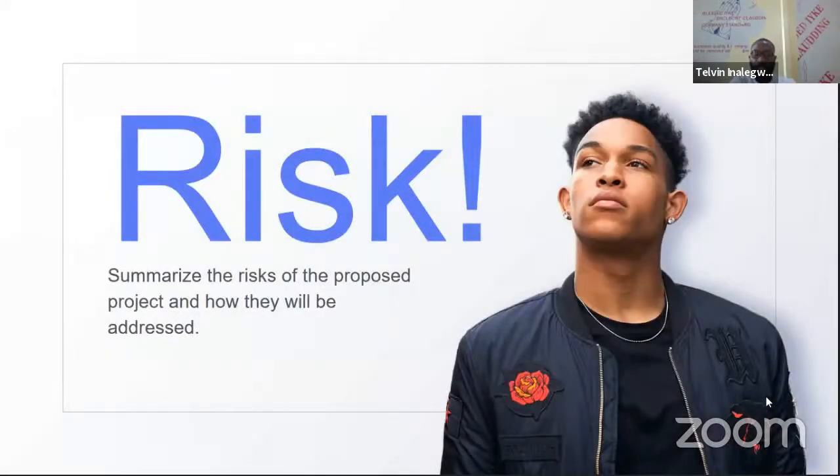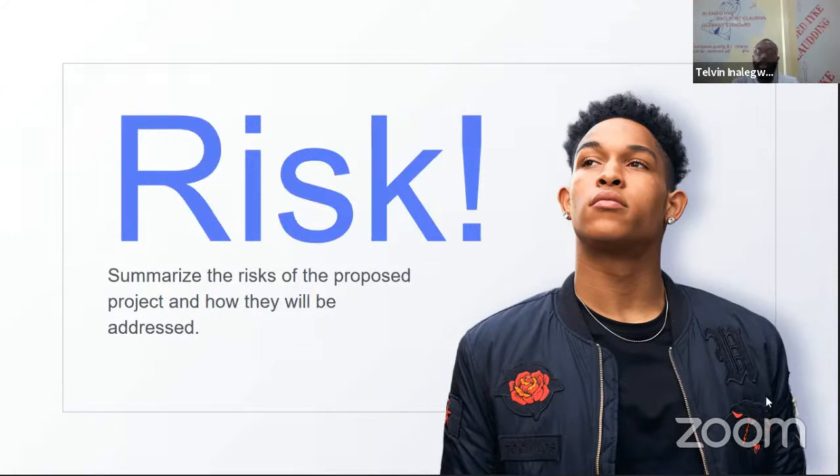Then your risk. What are the risks this business are going to face? When you summarize the risks they are going to face, then you now identify how they will be addressed. If the risks they are going to face is that when you travel from here between Maiduguri to Lagos, taking your produce from Maiduguri to Lagos, that there are people who stop produce on the way. Those are some of the risks.